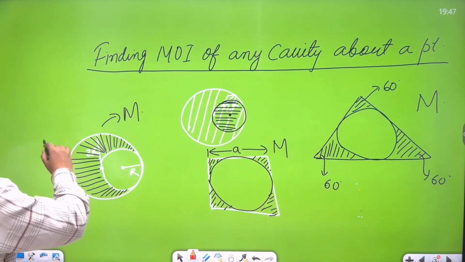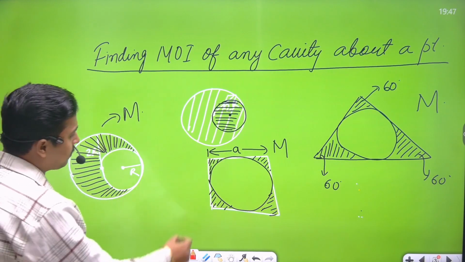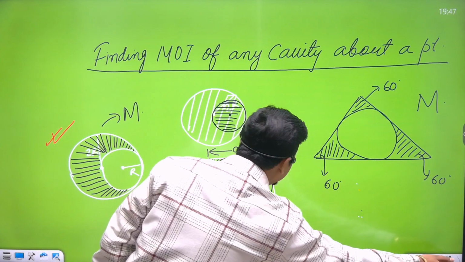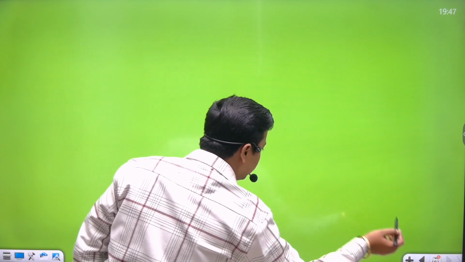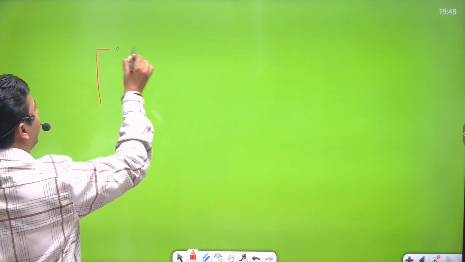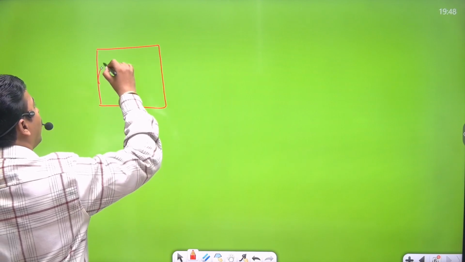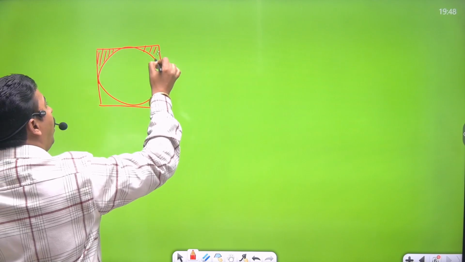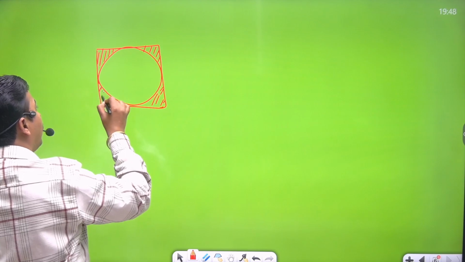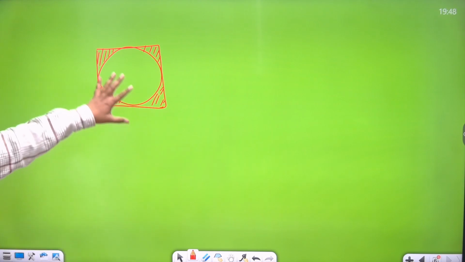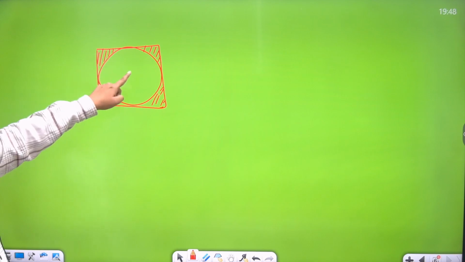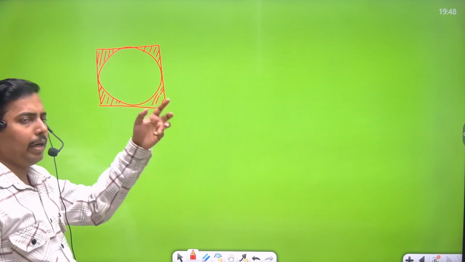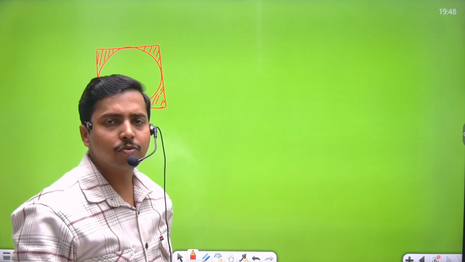So we have done this very problem. Now this problem can also be done using the same formula. Let us suppose you have this problem. This is the remaining part when you carve out a circular disc of maximum radius out of a square plate.